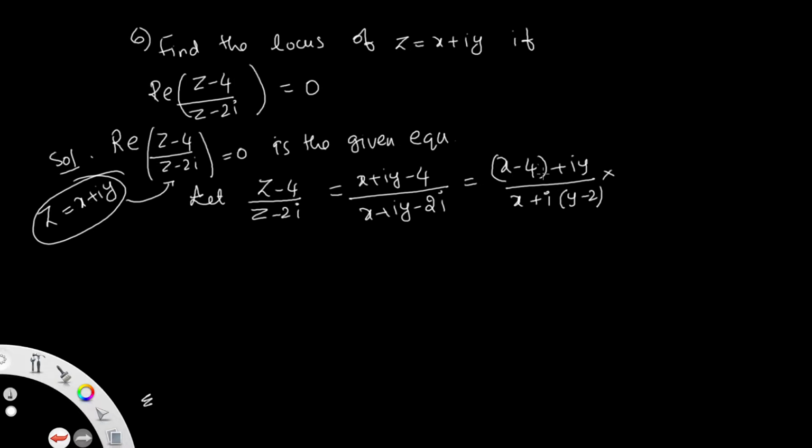So let us take the denominator and multiply and divide with its conjugate. In between, the sign will change, the total thing is the same: x minus i into (y minus 2).